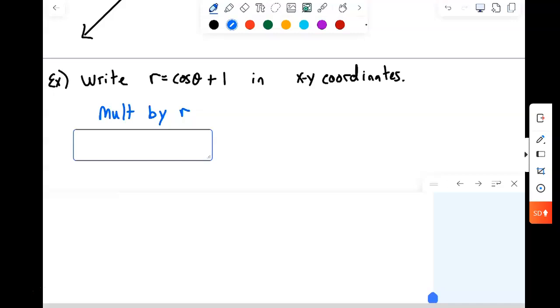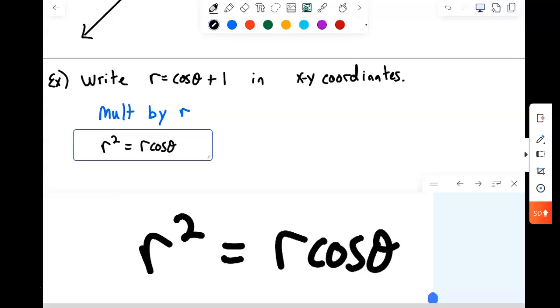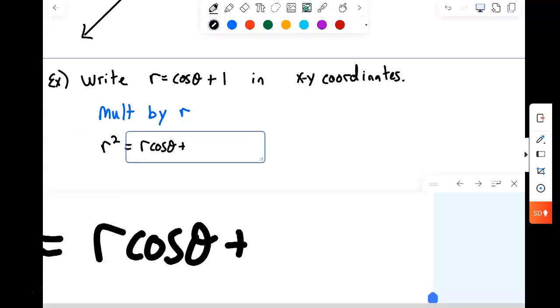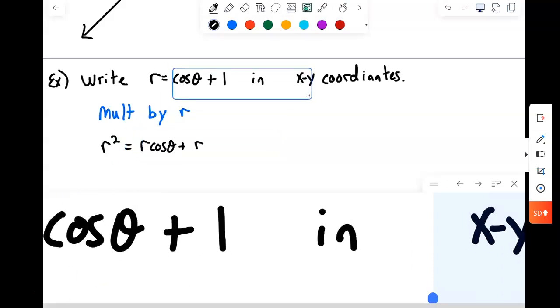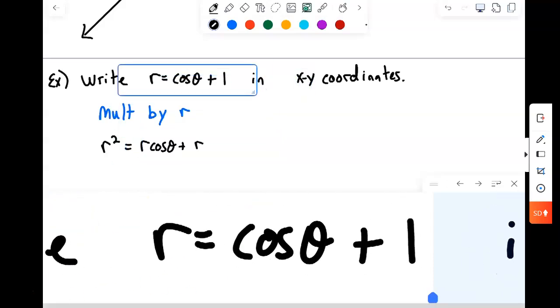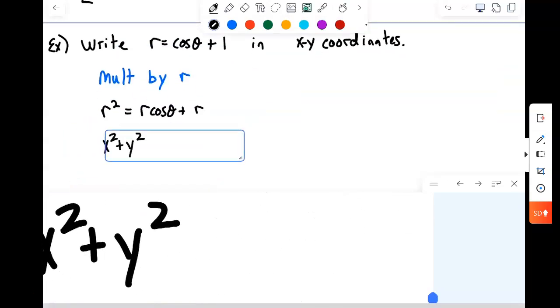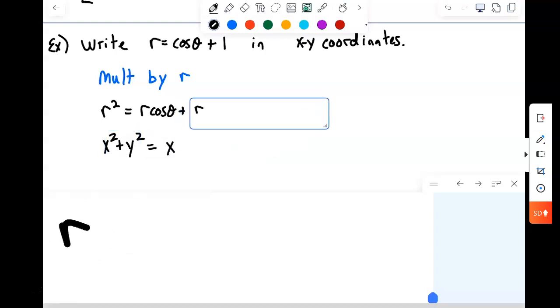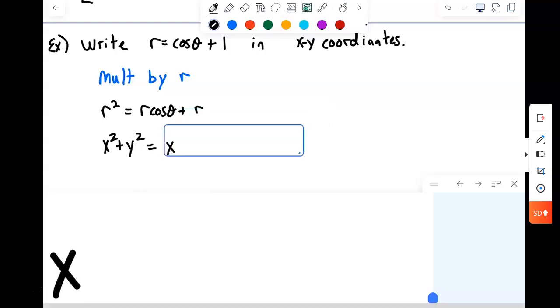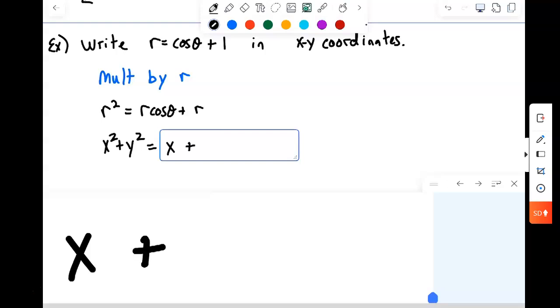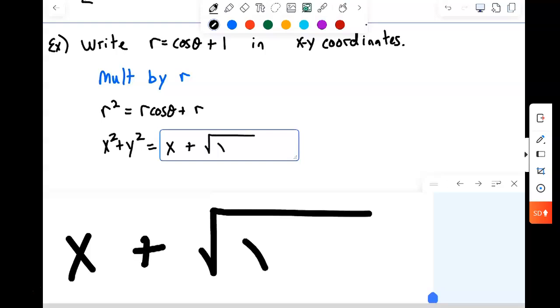On the left-hand side, r times r would be r squared, equals r cosine theta plus r times 1. Now, r squared can be replaced with x squared plus y squared, and r cosine theta can be replaced by x. Now remember, r squared is equal to x squared plus y squared, so r could actually be either plus or minus the square root of x squared plus y squared.